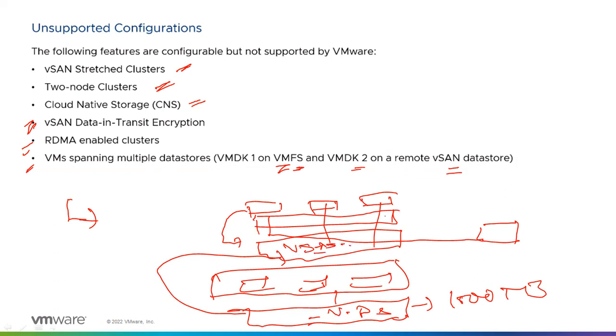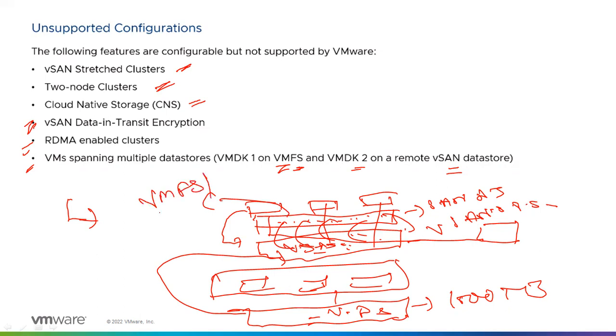Then you can flip-flop the VMs between this traditional SAN data store and your vSAN data store. You can do Storage vMotion across the different flavors of your data store, whether it was a VMFS from traditional SAN or an NFS data store.